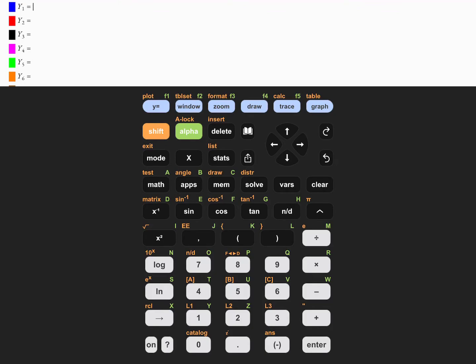Okay, so we said our first one was y is equal to 607.5, and now we need to use x. X is under my alpha key. On yours, it's in pretty much the same position. It's next to the alpha key and below the mode key. It says X, T, theta, and N.